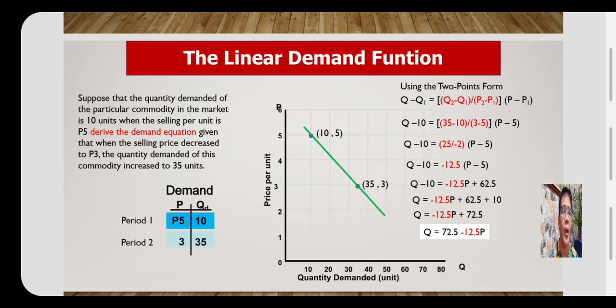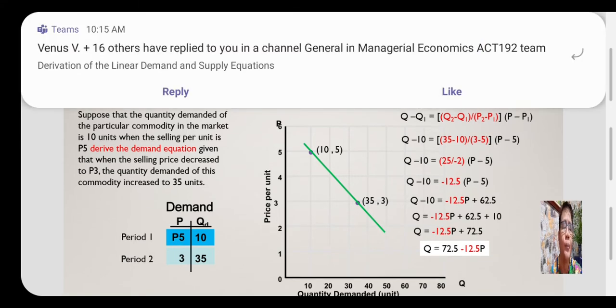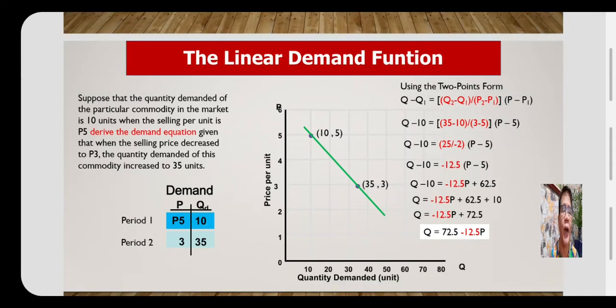And so if we simplify this equation, we can have Q minus 10 is equal to 25 over negative 2 times the quantity P minus 5. Simplifying further, we now have Q minus 10 is equal to negative 12.5 times the quantity P minus 5.